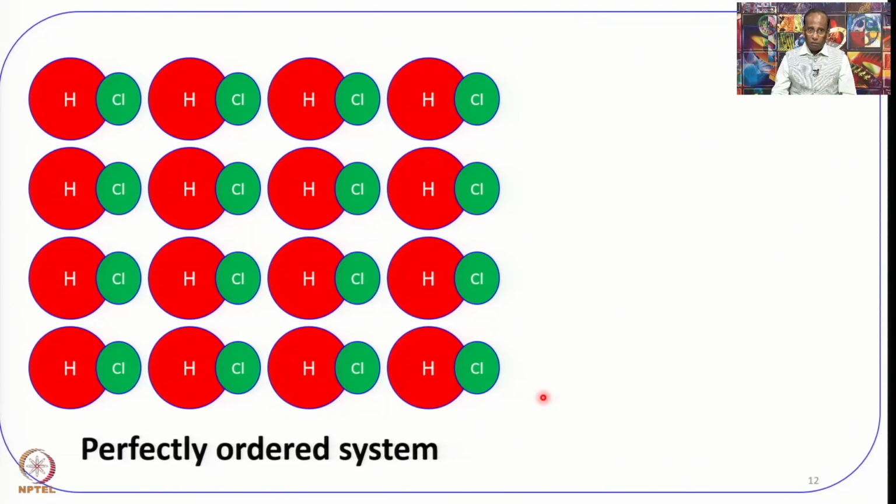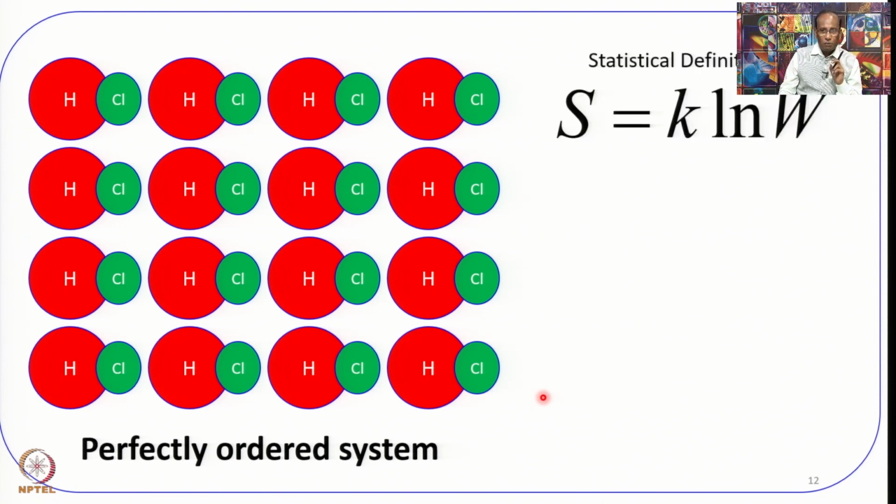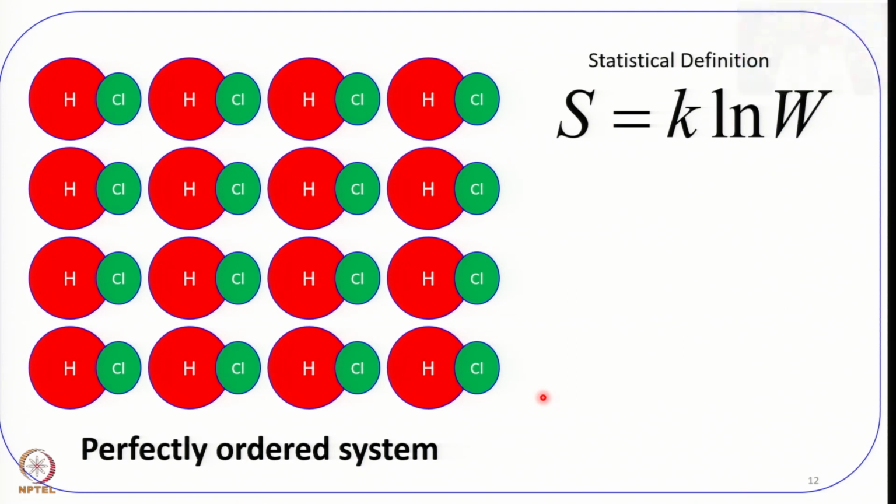Then another very important property is entropy. The statistical definition S is equal to K log W, which many students know for a long time. We derived that, where K is the Boltzmann constant and W is the weight of the configuration which is most probable.